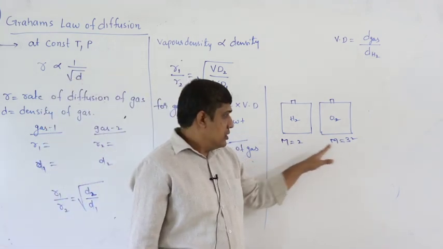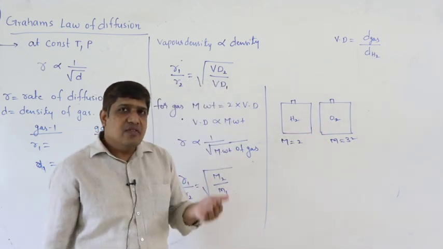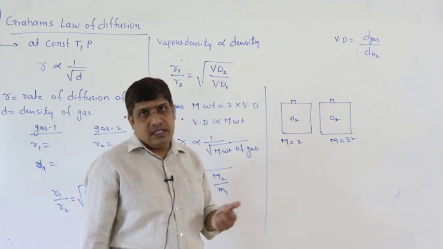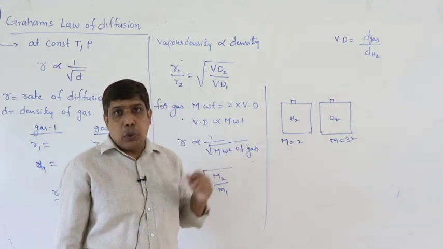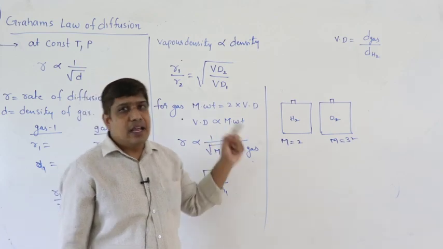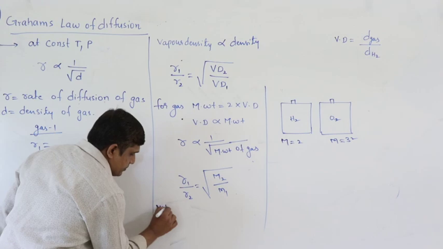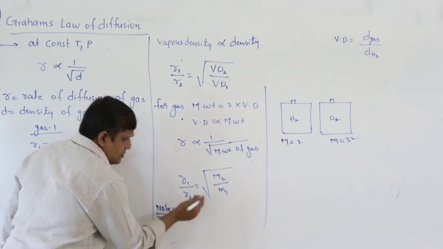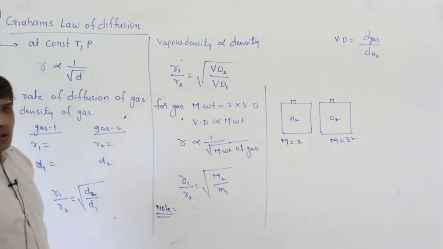Oxygen, 32, while hydrogen is 2. Therefore its rate of diffusion will be less. That means heavier gases diffuse slowly compared to lighter gases. That is the point we have to make a note of. Heavier gases means the ones which have high mass, and the density will be more.